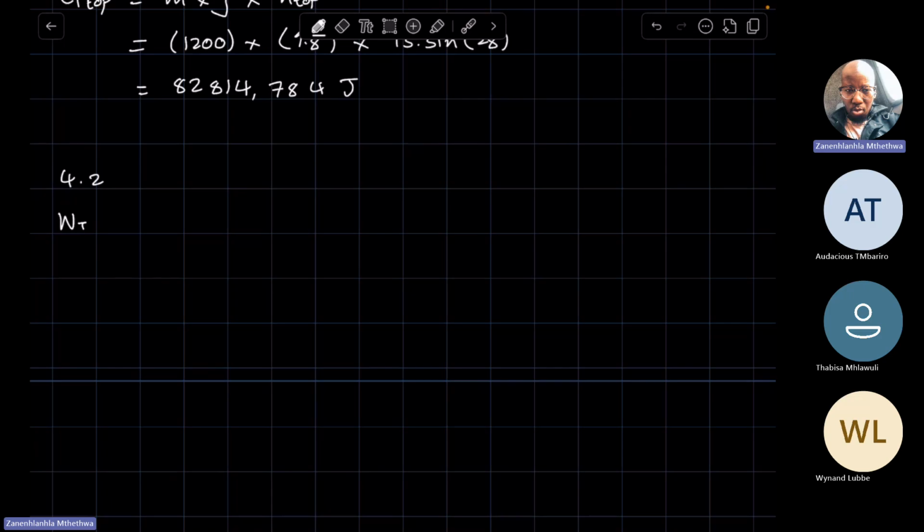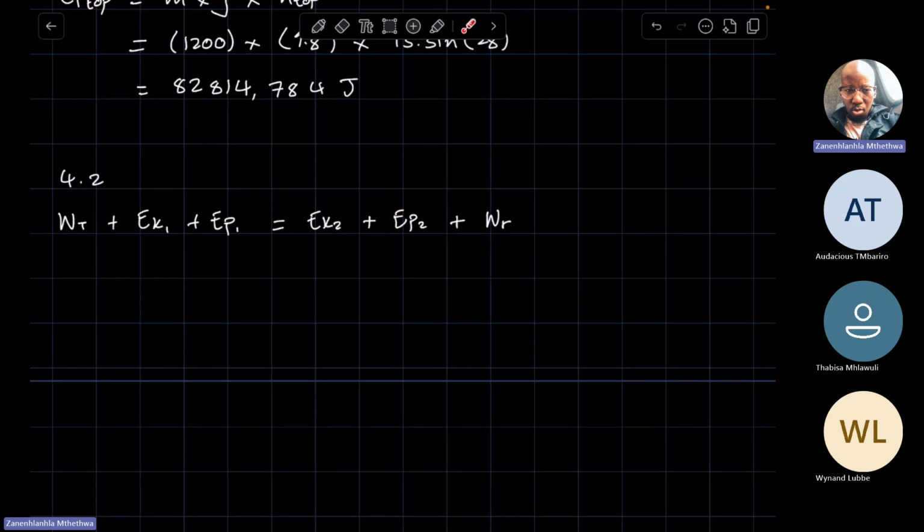So total work done plus EK at the first point plus EP at the first point is equal to EK at the second point plus EP at the second point plus the work done to overcome friction, the work done to overcome frictional resistance.